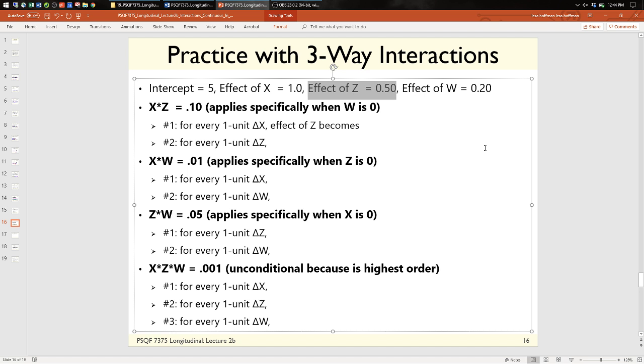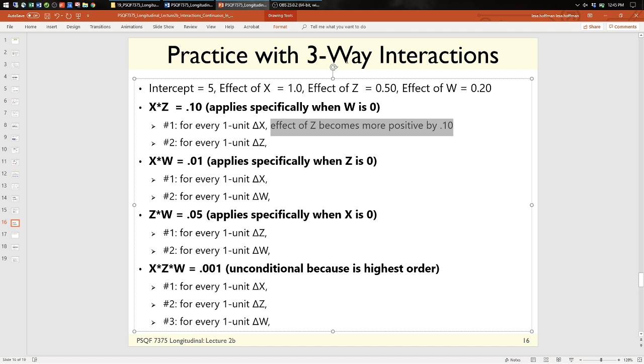As x increases by 1 unit, that becomes 0.1 higher. The effect of z becomes, I'm going to go with more positive, by 0.10. All of these numbers are positive, so this whole page is more positive. I'm just trying to get you used to putting the coefficients in sentences.